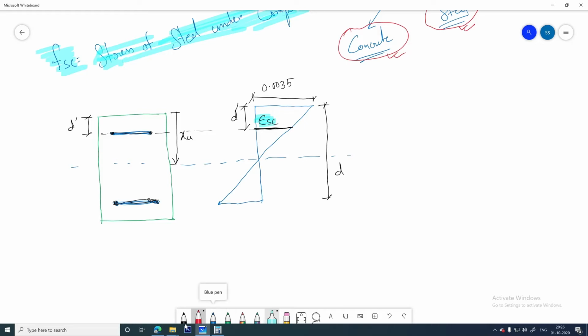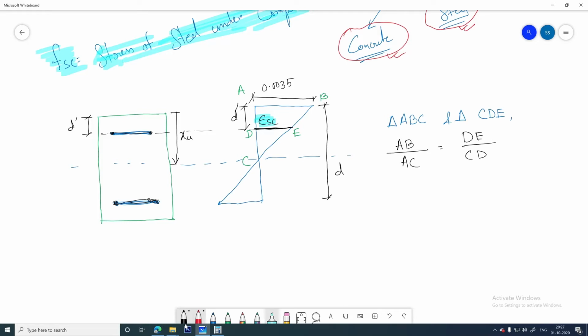How? Using the triangle theorem. So you give the names. Suppose I am giving the names A, B, C, D and E. So from triangle ABC and triangle CDE, what you can write is AB by AC equals BE by CD.